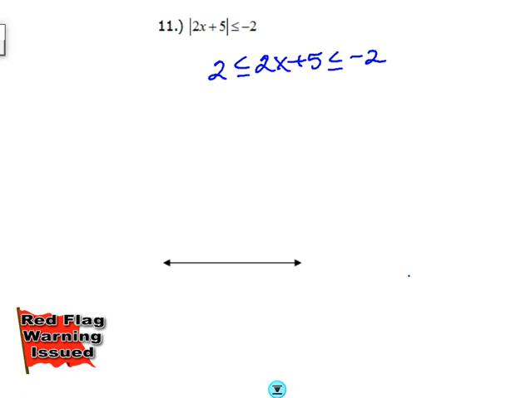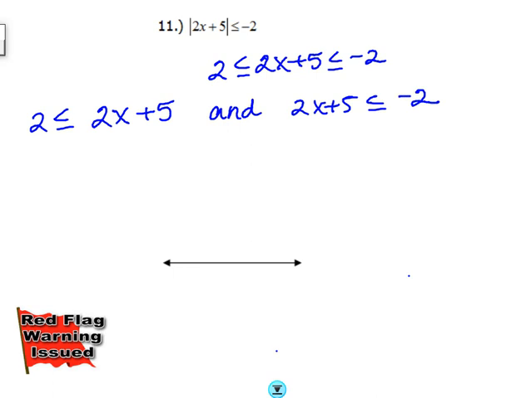Well, you might say right there that this doesn't make any sense. Let's break it up into two inequalities and show you why. Let's solve 2 less than or equal to 2x plus 5 and 2x plus 5 less than or equal to -2 and see what's happening.